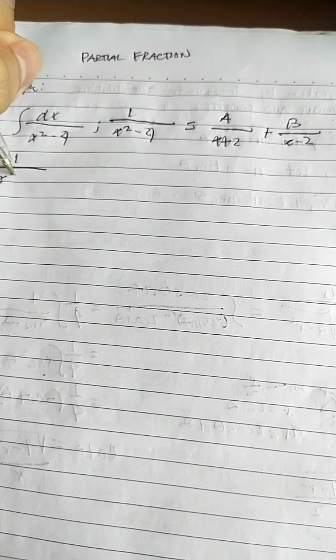So 1 over x squared minus 4 is equal to, wait, I forgot something. Our x squared minus 4 is equal to x plus 2 times x minus 2. So now we can solve for our a and b.